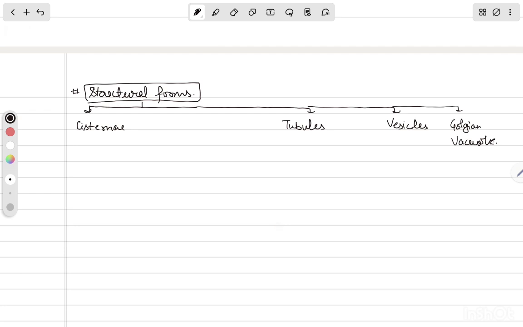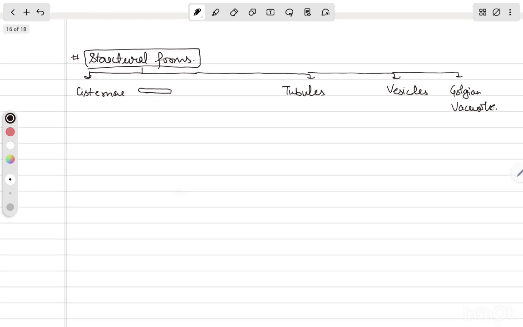Cisternae we have already discussed. It is membranous sacs, flat membranous sac, which are arranged parallel to each other in Golgi apparatus, right?